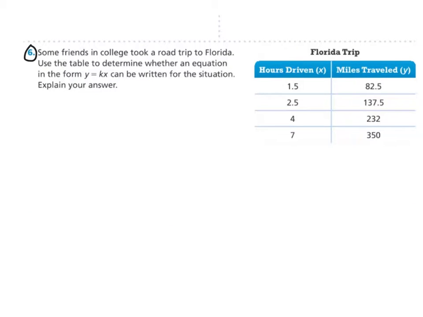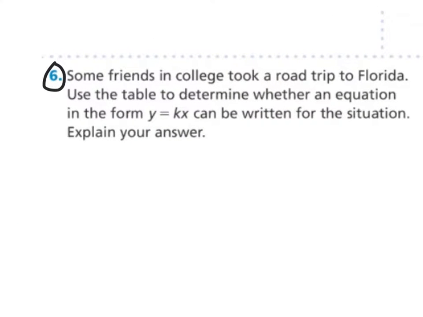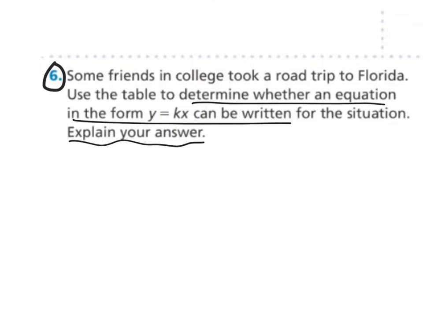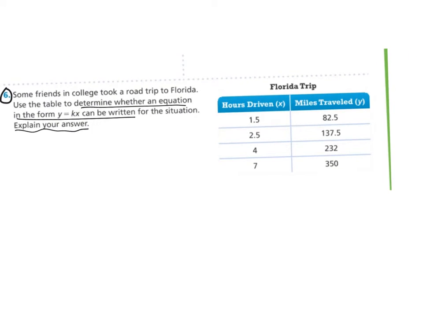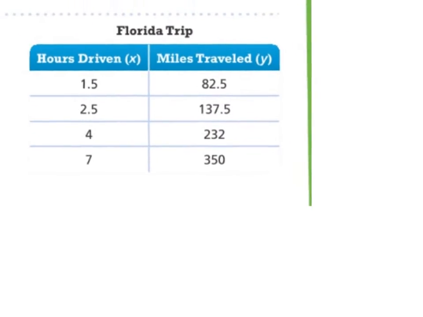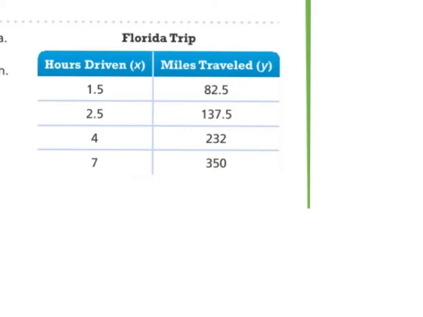Look at number 6. Some friends in college took a road trip to Florida. Use the table to determine whether an equation in the form y equals kx can be written for the situation, and explain your answer. So they're saying we are checking now to see if this is proportional or not. So miles traveled is the y, hours driven is the x.